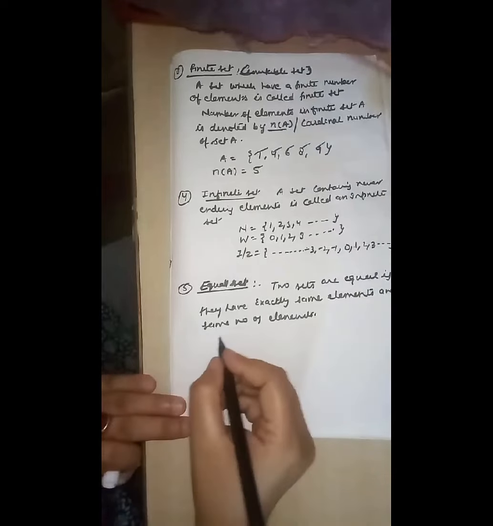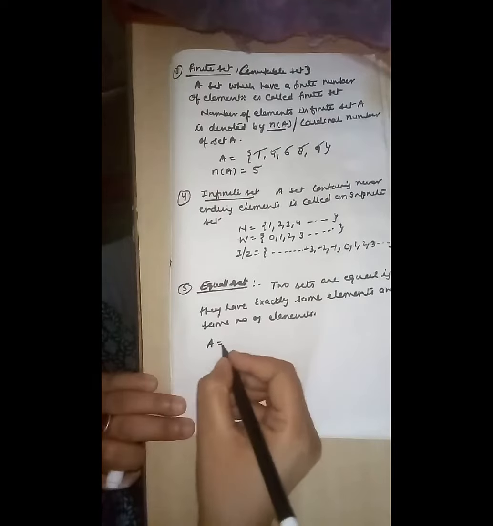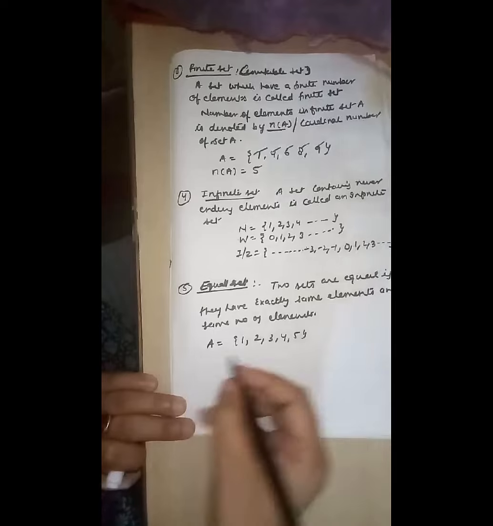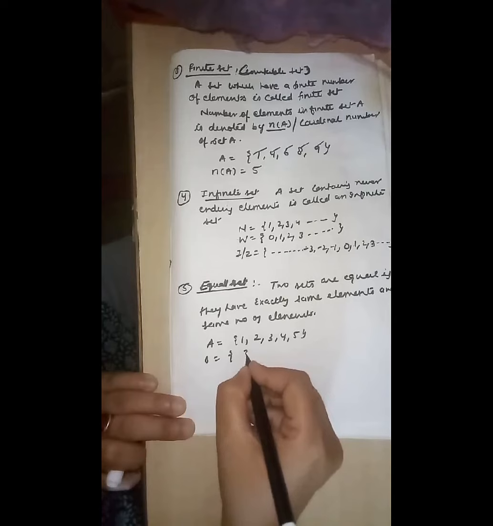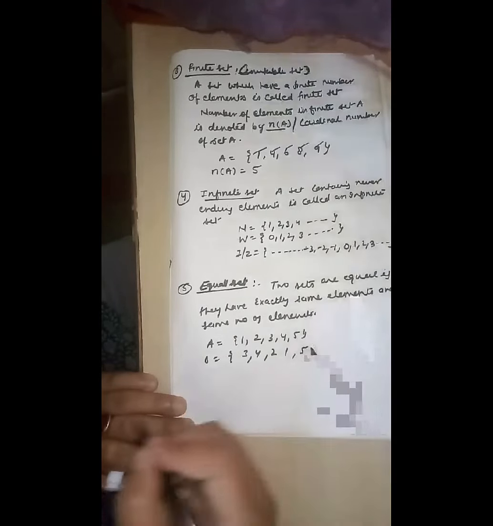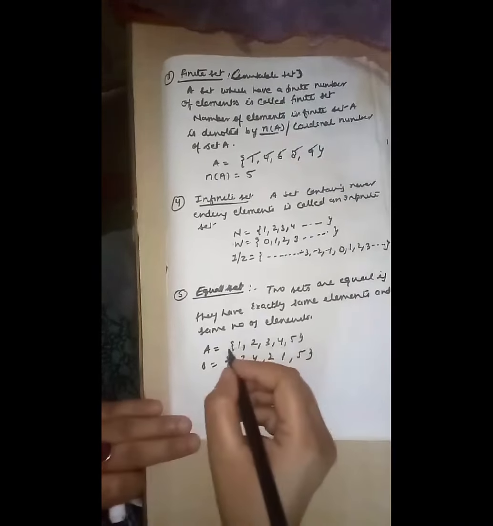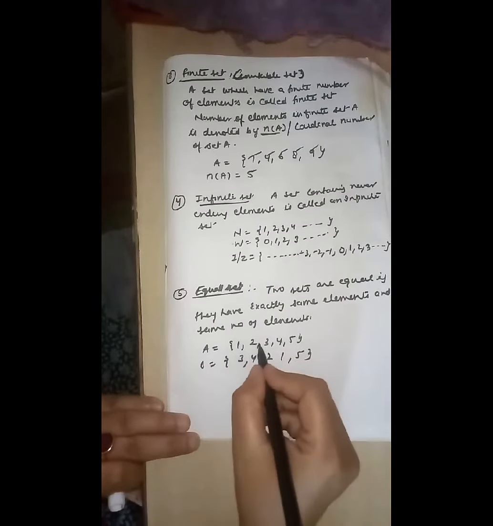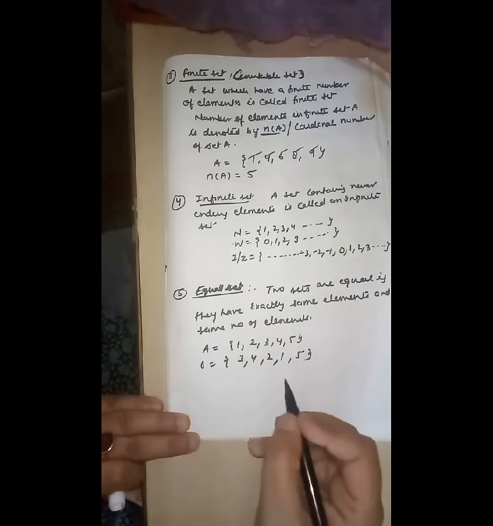Right, friend? So taking an example, let A equal to {1, 2, 3, 4, 5}, and taking another set B, this one is {3, 4, 2, 1, 5}. Here you see the number of elements of both sets are the same. You can see 1, 2, 3, 4, 5 in A, and here 3, 4, 2, 1, 5.